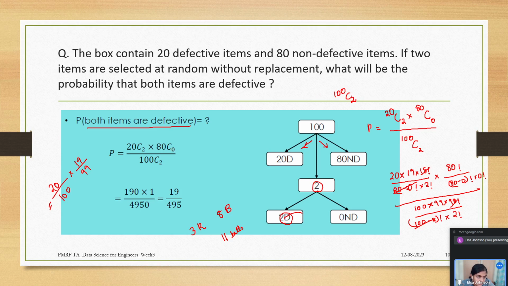That means 2 things are taken from 100 items. And selecting from different cases, for example, there are 20 defective, so in those defective items you will be selecting 2 items. So there you have to take combinations, because you are not arranging it.